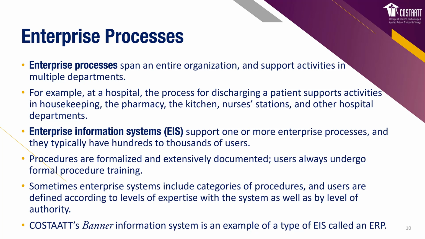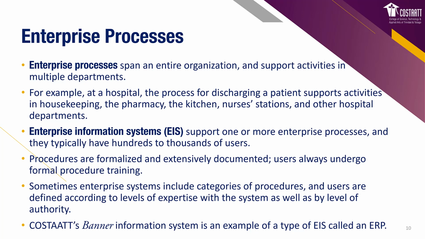Enterprise Information Systems, or EIS, support one or more enterprise processes or many processes, and they typically have hundreds to thousands of potential users of this system. Now, in the case of CUSTAT, which we have below, we do have Banner, and Banner is used by thousands of people simultaneously.